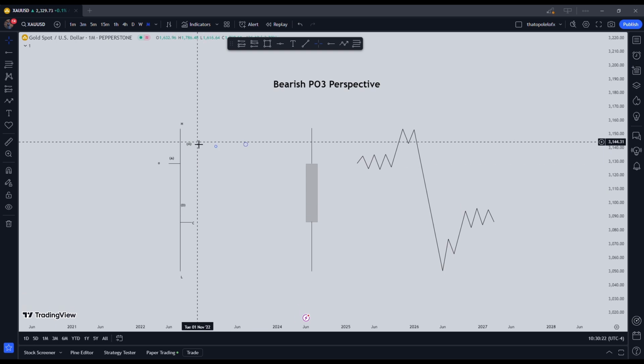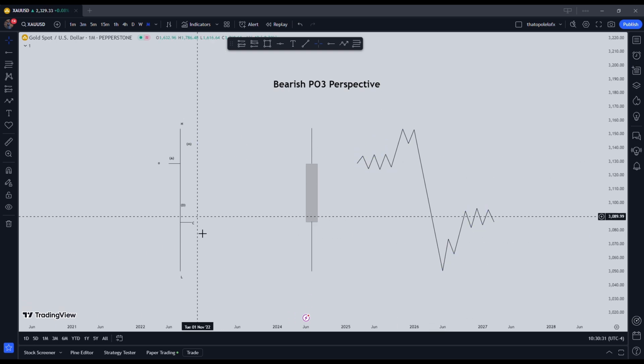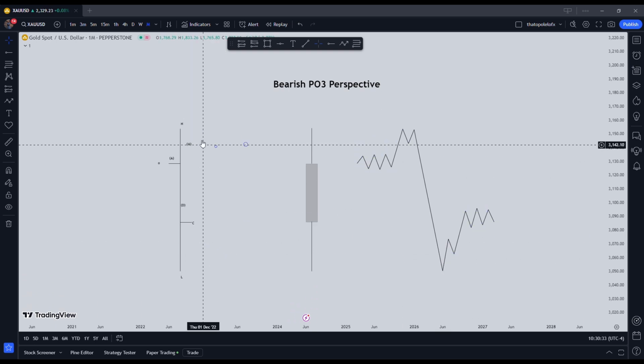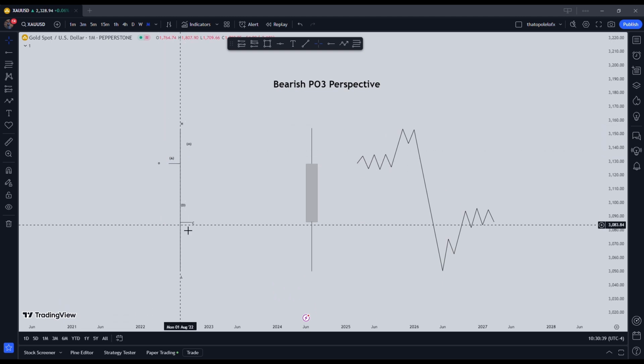So this would be the daily range. A dealing range is a price point from this high to this low. That's the dealing range.